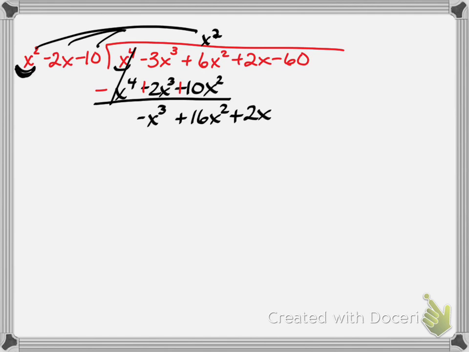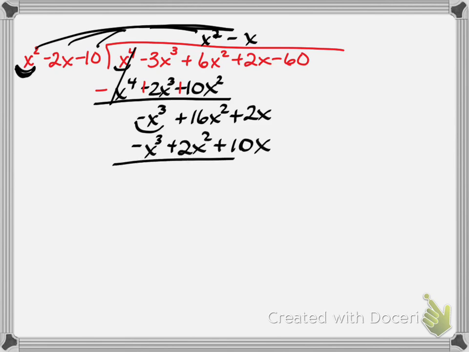Then you multiply x squared by negative x to get negative x cubed. Then you distribute it. You get negative x to the 3rd plus 2x squared plus 10x. Draw your line. Change the signs. That cancels every time.